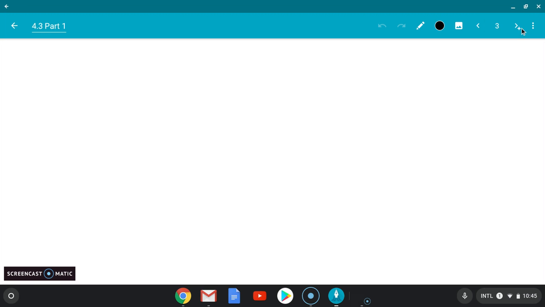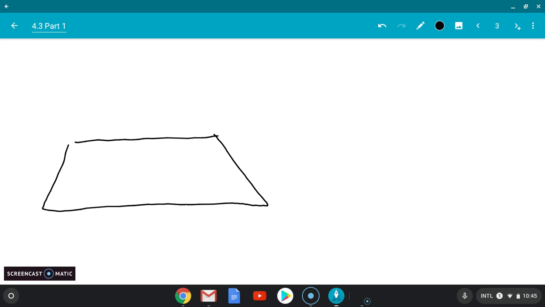Let's do another example. So this trapezoid is going to look a little more like this. Okay, so with this trapezoid, my base 1 is going to be 11.5 meters. My base 2 is going to be 8.5 meters. Now here's the thing. Neither of these sides is perpendicular.